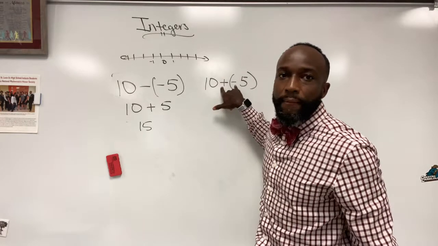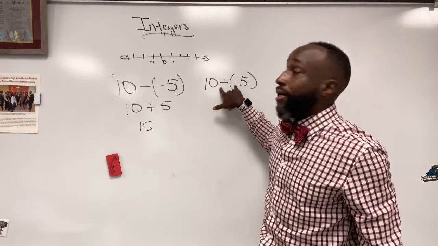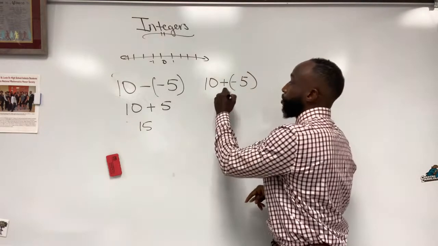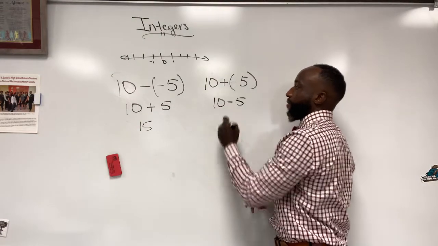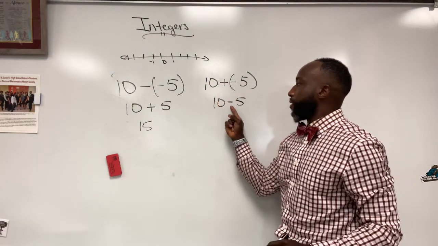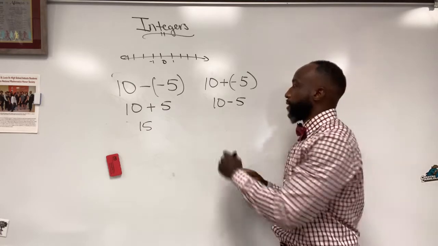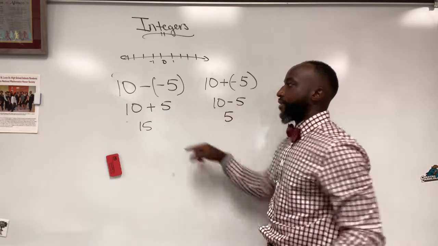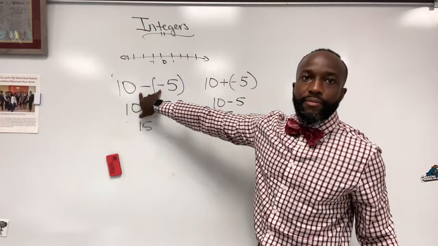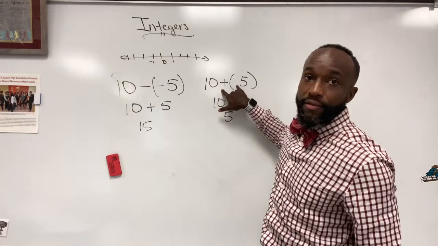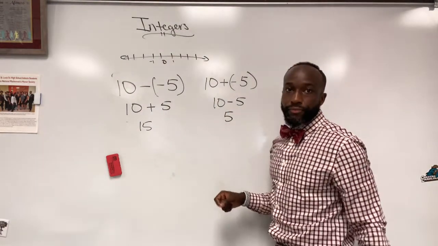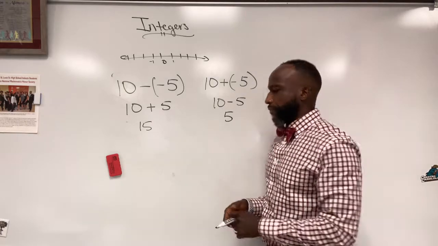Plus a negative is a positive times a negative. You rewrite this as 10 minus 5. If the signs are different, you keep the negative sign, so this would be 10 minus 5, which gives you 5. Minus negative, plus. Plus negative, minus. That's it in a nutshell.